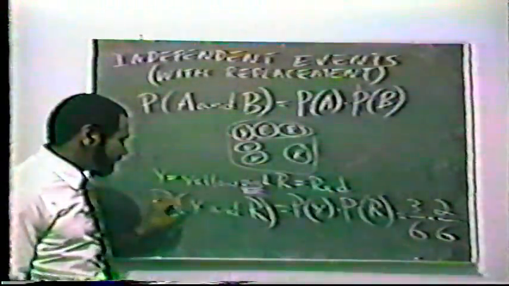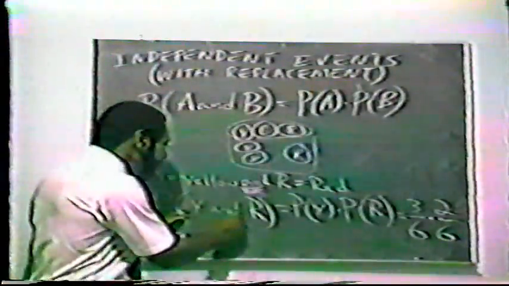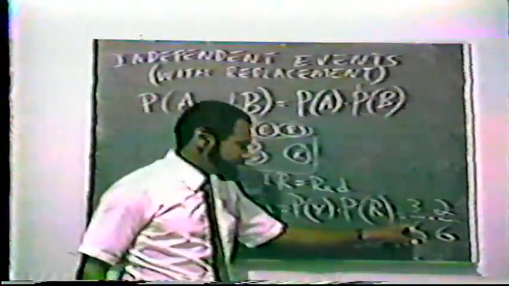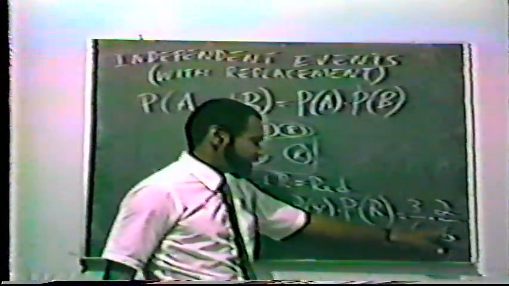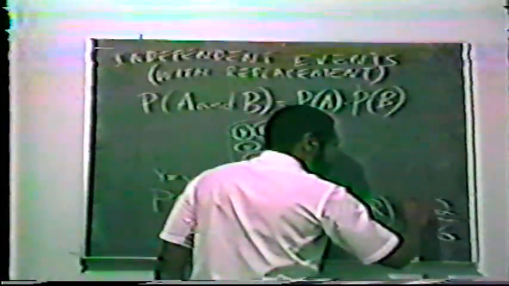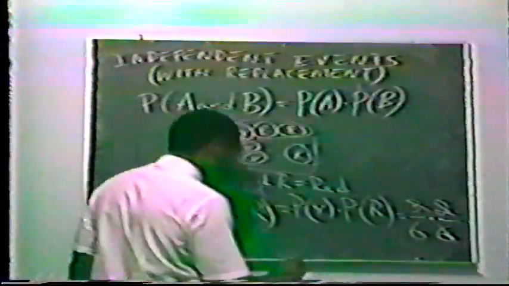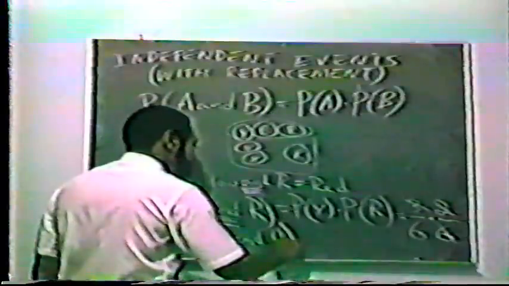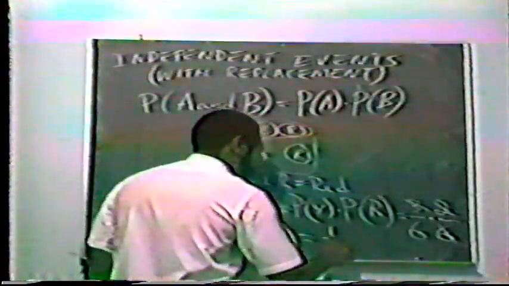So the probability of getting a yellow ball and a red ball would be equal to 3/6 times 2/6. And of course, we can reduce here, and that gives us 1/6. The probability of getting a yellow and a red ball would be equal to 1/6.